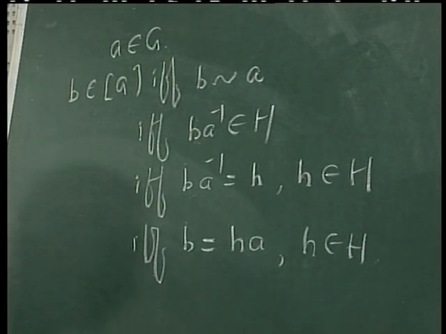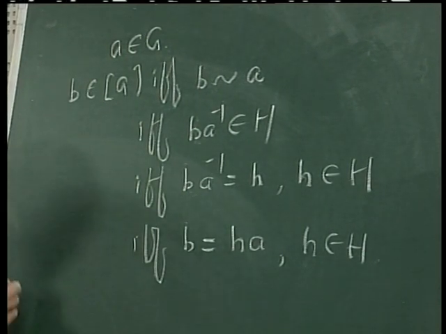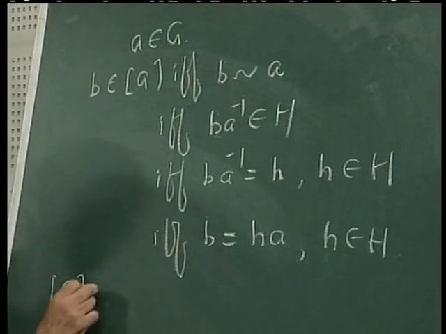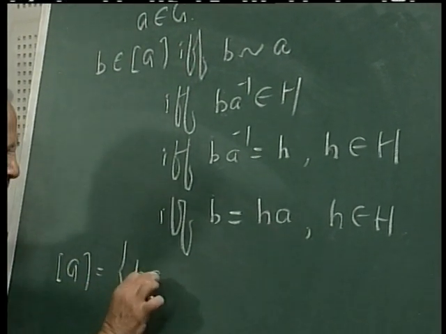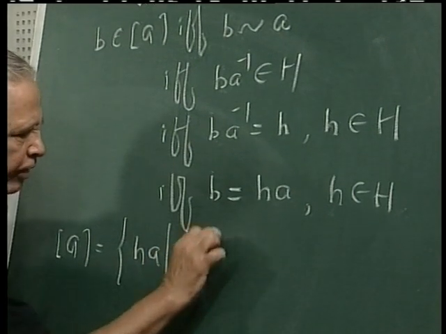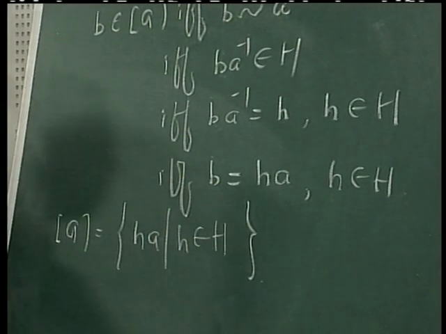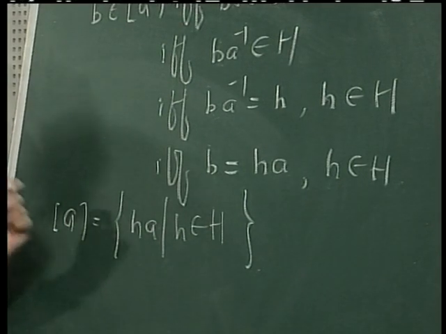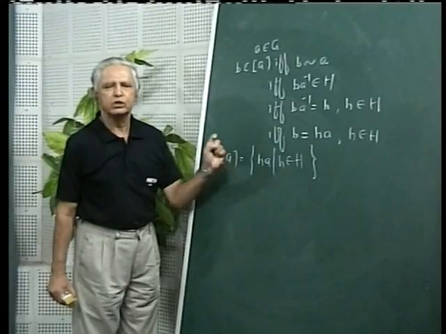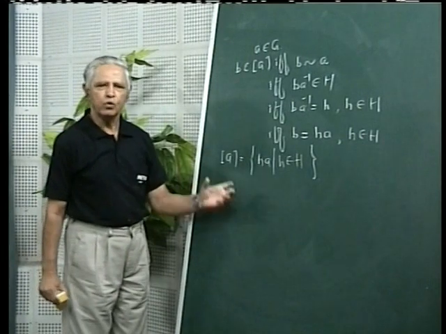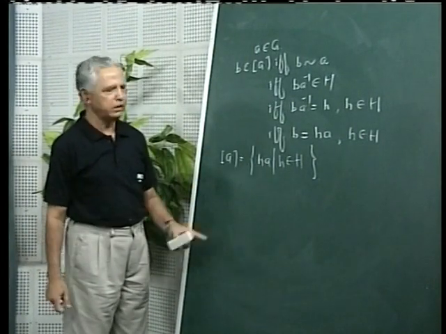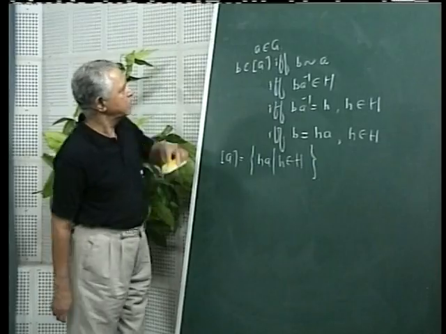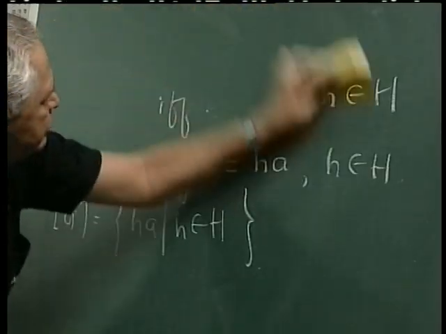Alright, this implies that the equivalence class of A is equal to all the elements of the form h A where h belongs to H. And this inspires us to define a new concept, the right coset of a subgroup H. We define it in this way.